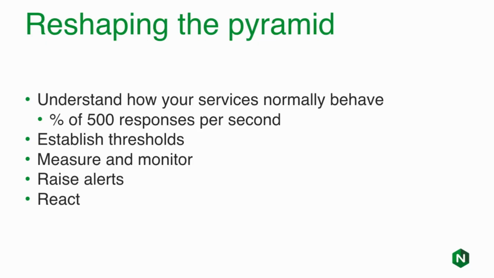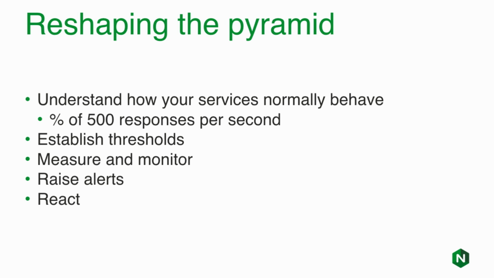But we need to understand how we expect our applications to behave in production. Understand what's expected and what's not. For example, the number of 500 responses per second. If that goes up, somebody did something wrong somewhere, and you should be investigating. Establish those thresholds and change them over time if you learn something new about your application.